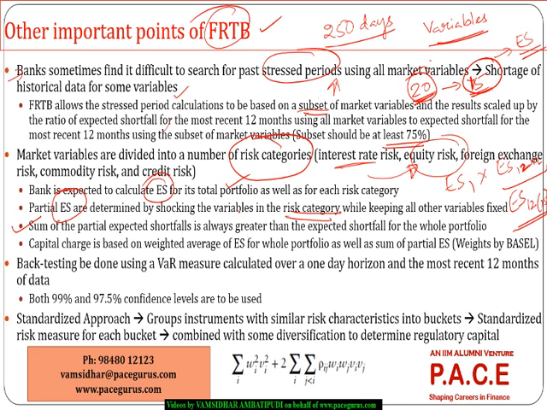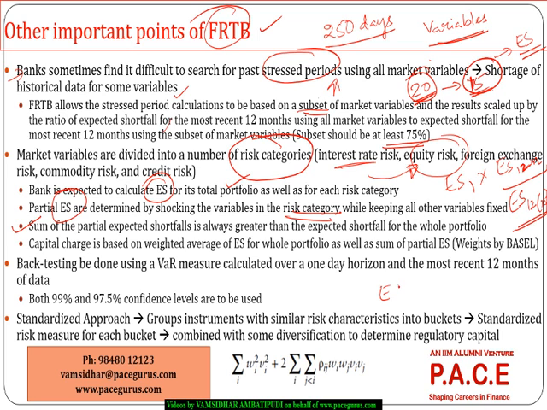We are shocking the variables only in a particular risk category, and all the other risk categories we are trying to keep fixed. And obviously we know that the overall portfolio's expected shortfall should be lesser than the sum of the individual expected shortfalls that we are computing. And the capital charge will be computed based on two parts.